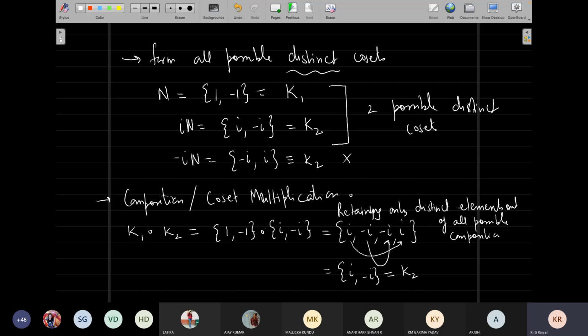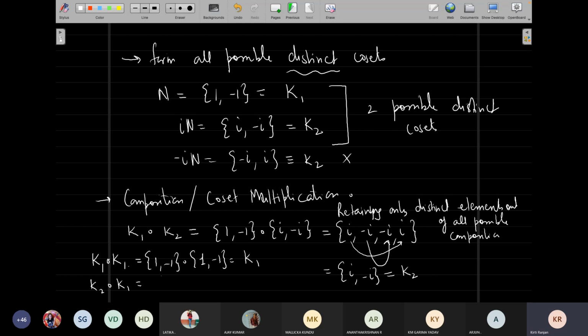So we have defined a coset multiplication for a normal subgroup, which considers all possible multiplications and retains only the distinct elements. Can you give me what will be K1 composition K1? So 1, minus 1 composition with 1, minus 1. K1. Excellent. What about K2 composition with K1?